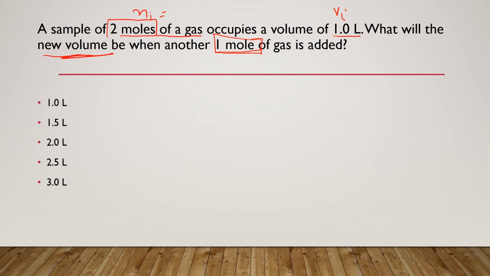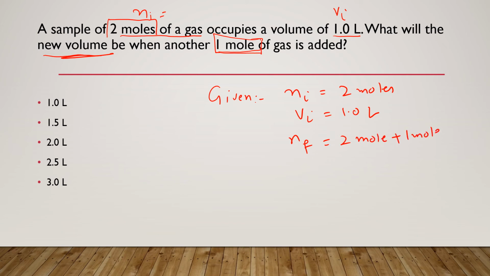So let's write all the values which are given to us. Ni is given to be 2 moles and Vi is 1.0 liter, and final is 2 moles plus 1 mole, so this is equal to 3 moles. And we want to find V final.